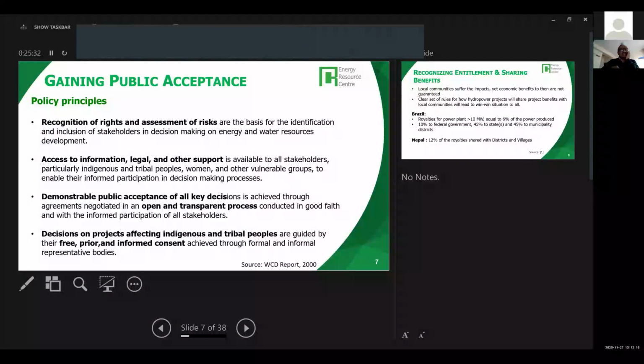Especially decisions on projects affecting indigenous and tribal people should be guided by free, prior, and informed consent. What this means is you have to ask them in advance. You should not force this decision on them, and the stakeholders should be informed of the project, so they should know the exact scope of the project and what will happen. So these are some guiding principles that need to be followed.